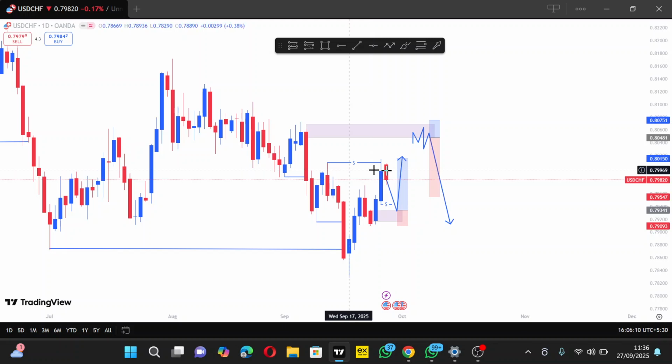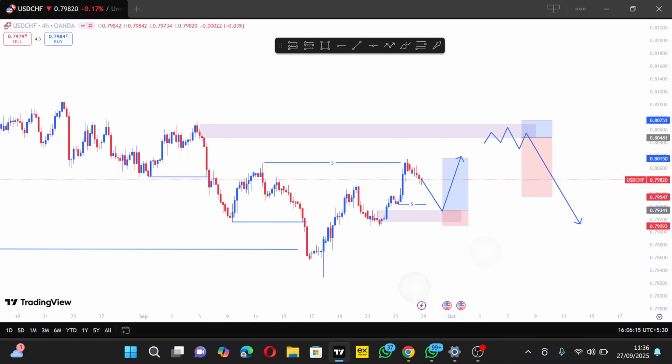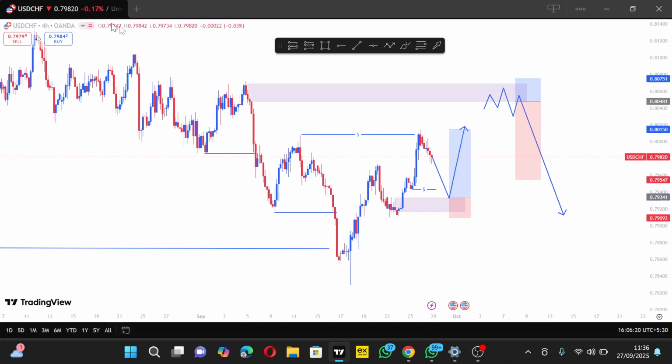Almost equal highs. Okay, let me go to 4 hours. Are you talking about these two areas? Are you talking about this area and this area?